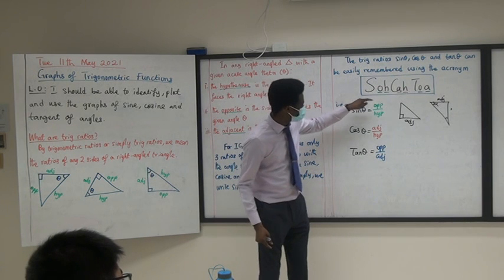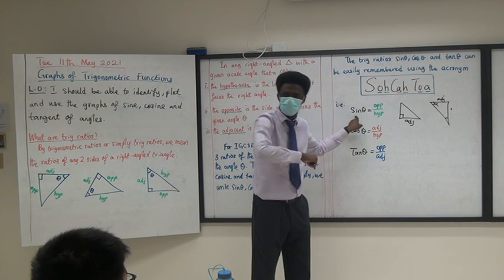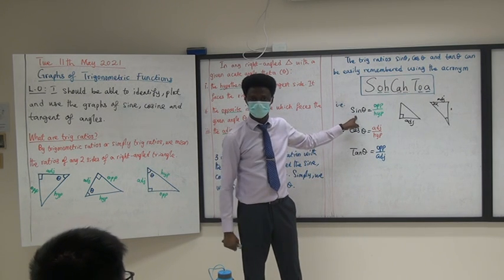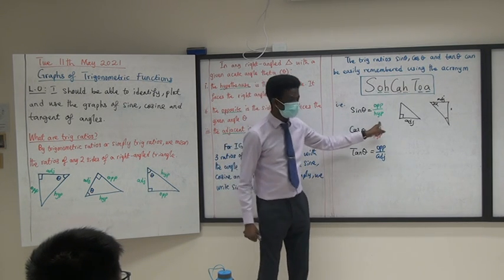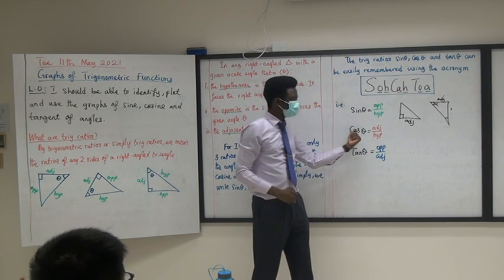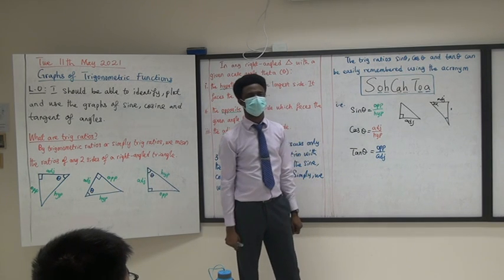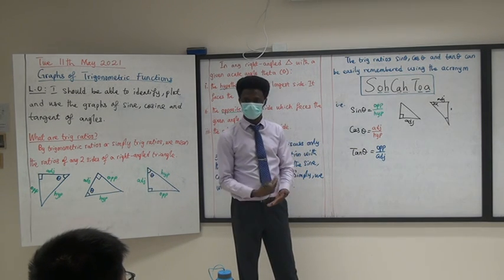So the ratio of opposite divided by hypotenuse is actually the sine of the angle in that triangle. That's what we are saying. When you do adjacent divided by hypotenuse, maybe the ratio is 2/3, then that tells you the cosine of that angle in that triangle is 2/3. Am I making sense?